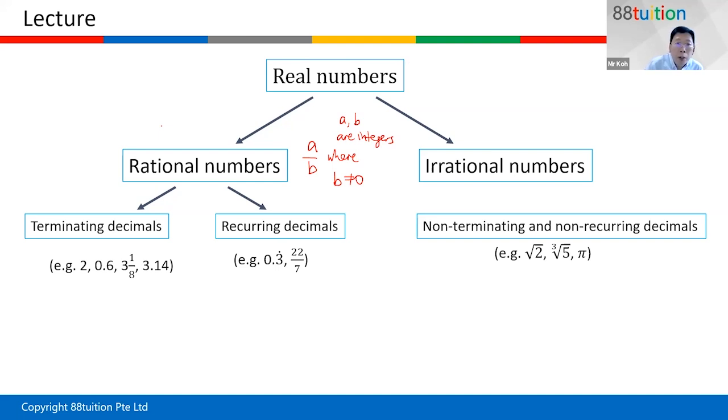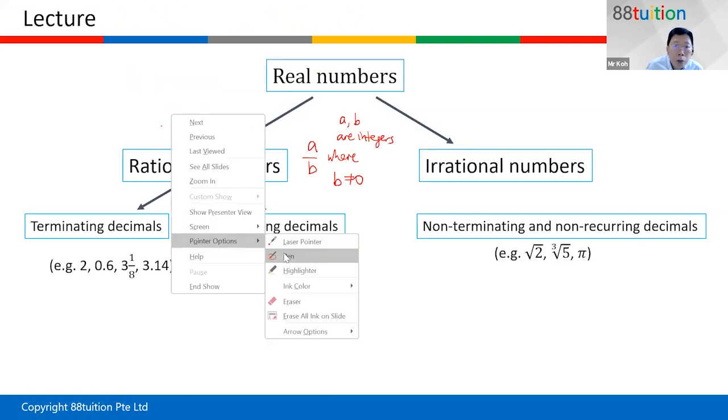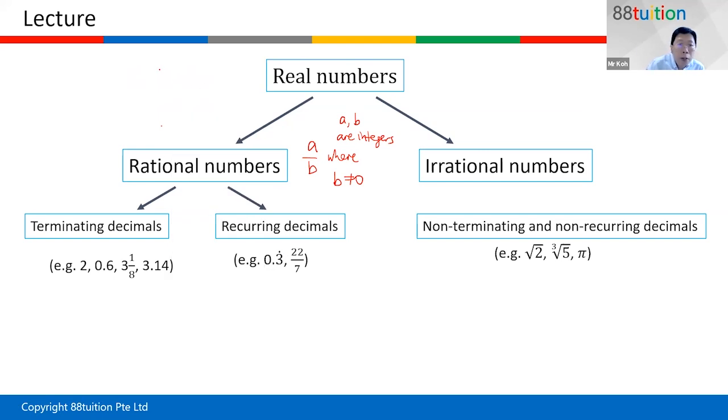Some people will be wondering, is 7 an integer? 7 is an integer, so is 7 a rational number? 7 can be expressed as 7 over 1, so it is a rational number as well.